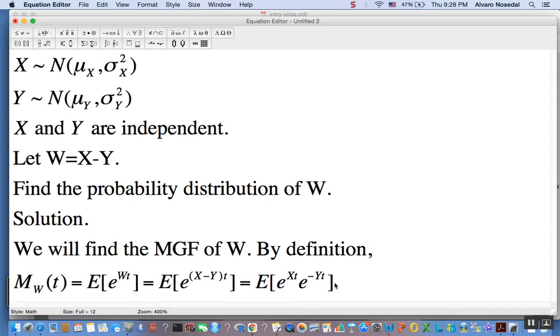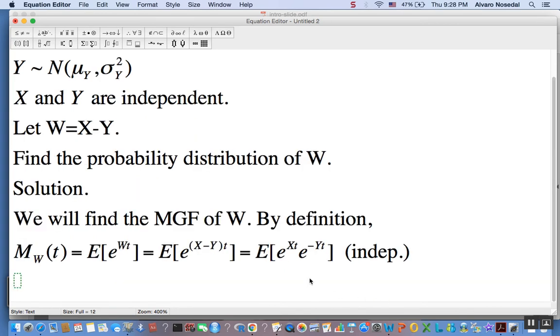And here's where the assumption of independence is really important, since the expected value of a product is the same as the product of expected values. And that's thanks to the independence that we have between X and Y.